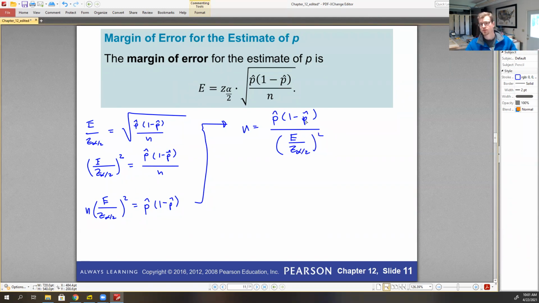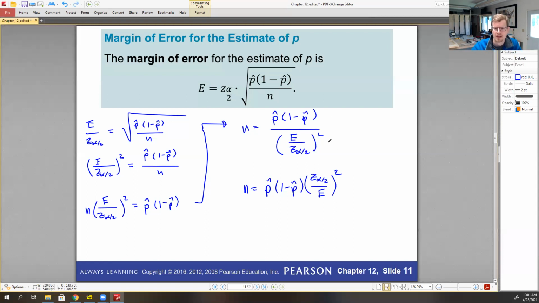Now, is it necessary for it to look exactly like this? No, right? Remember that division by a fraction is the same as multiplying by its reciprocal. So we can also simply say that the required n is p hat times 1 minus p hat times, the reciprocal of this would be z sub alpha over 2 divided by the error, and that would be squared still.